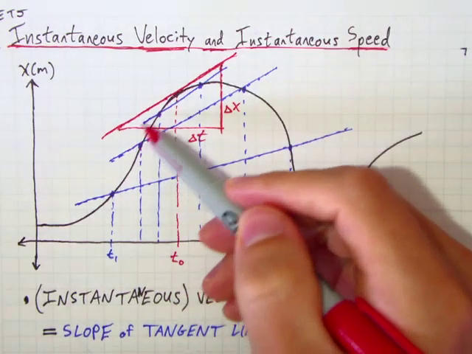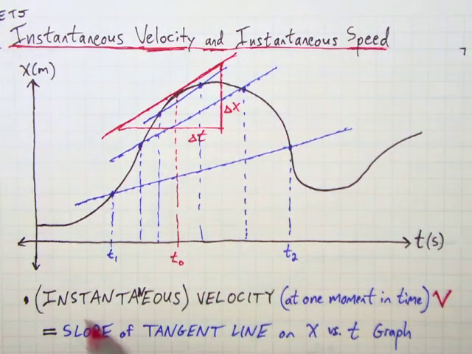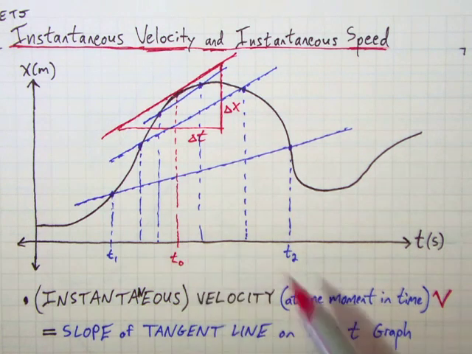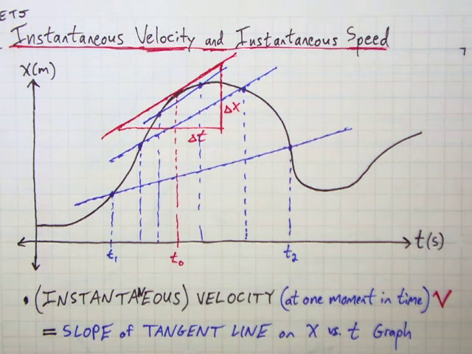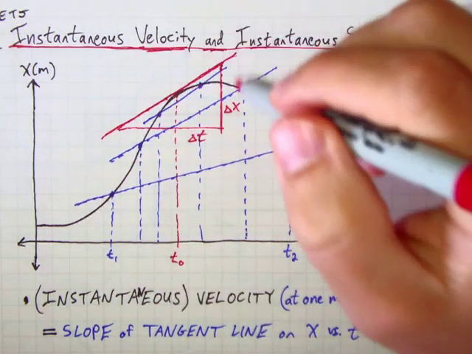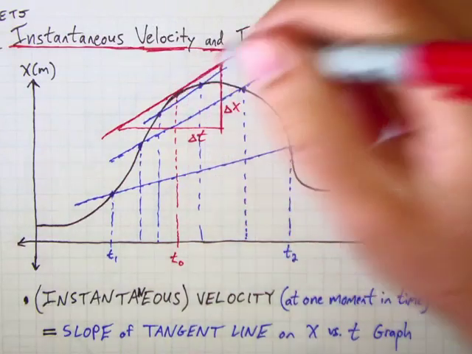And what we say is that this new quantity, the instantaneous velocity, the velocity at this one instant in time, which we represent by the letter v, is the slope of that tangent line on our position versus time graph. So the slope of our tangent line tells us the velocity at that one instant.